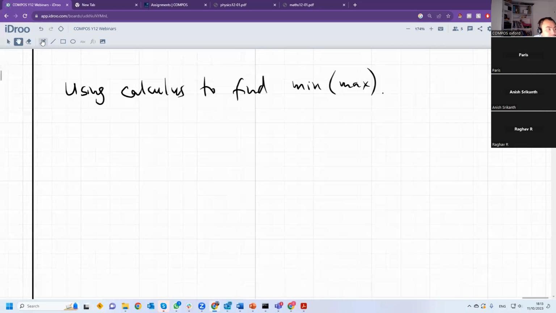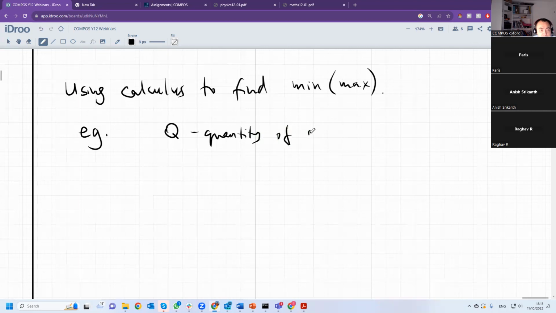Example: I like the example with economics. So Q is the quantity of goods you're selling. What are you selling? You're selling hot dogs that you sell.